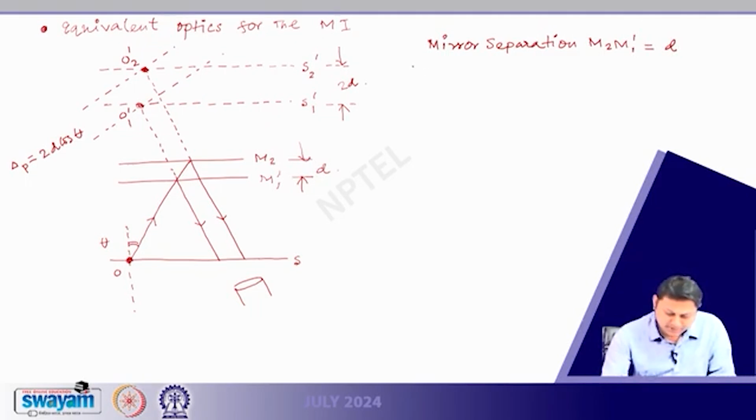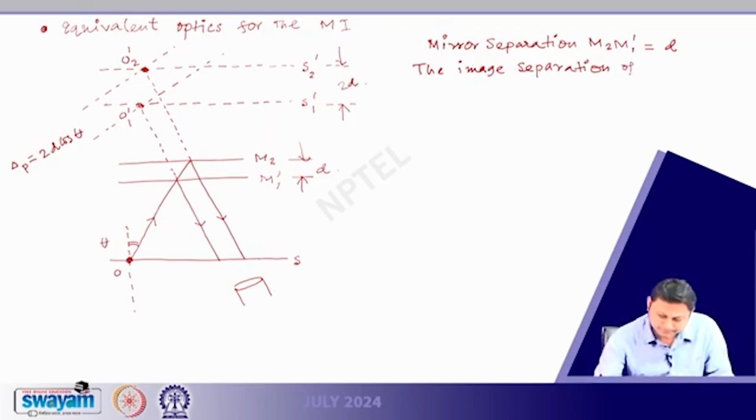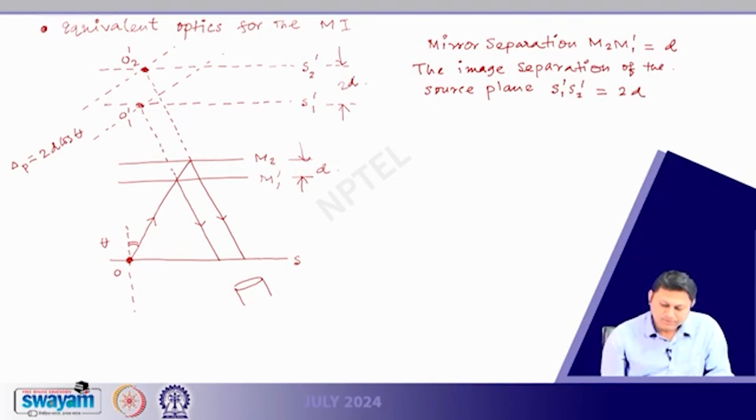Then the image separation of the source plane, S is a source plane, which is S1 prime S2 prime, that has to be 2d. So, their separation will be 2d.